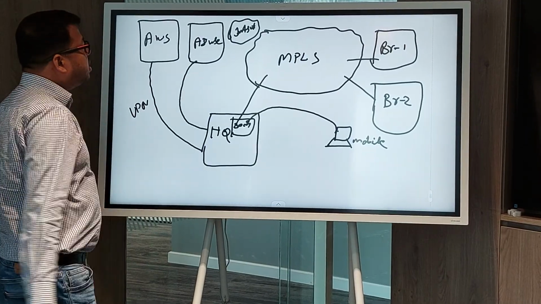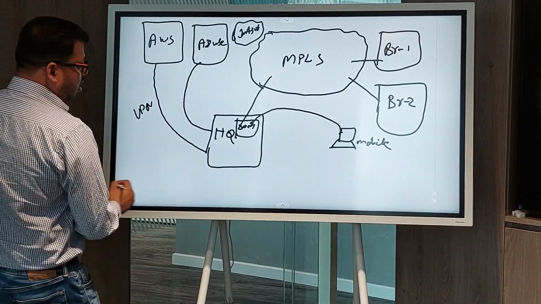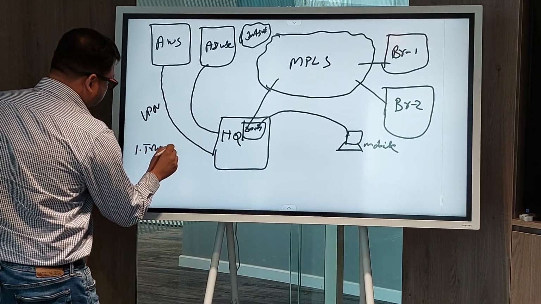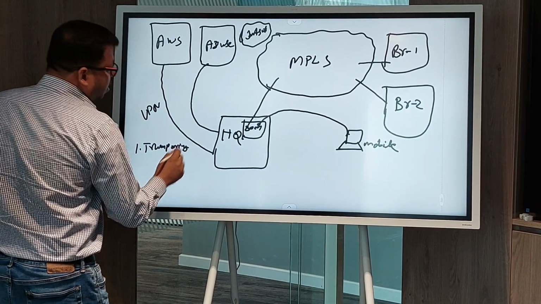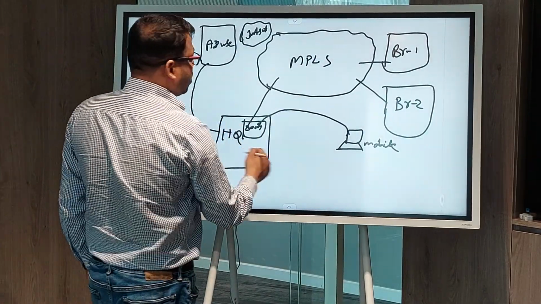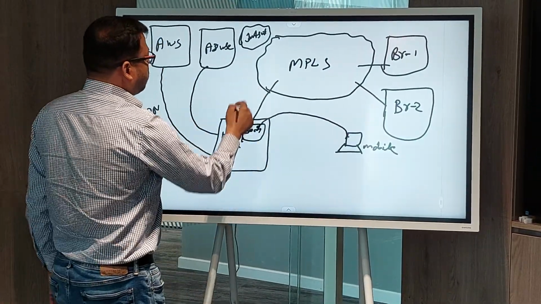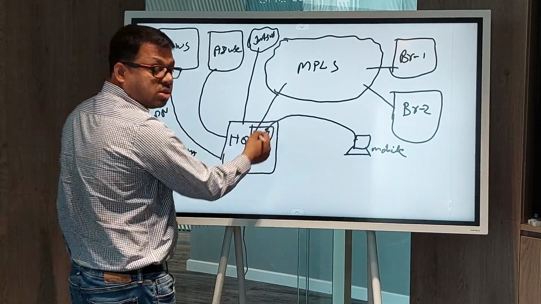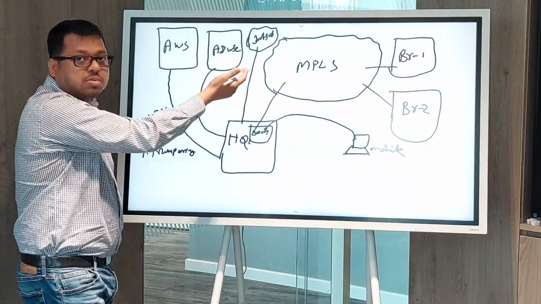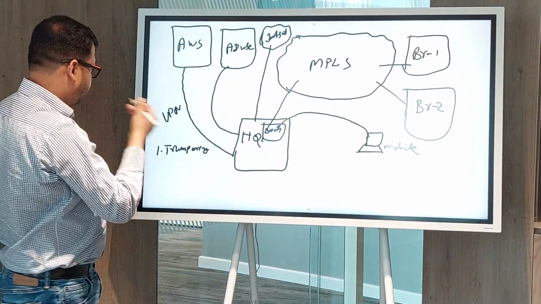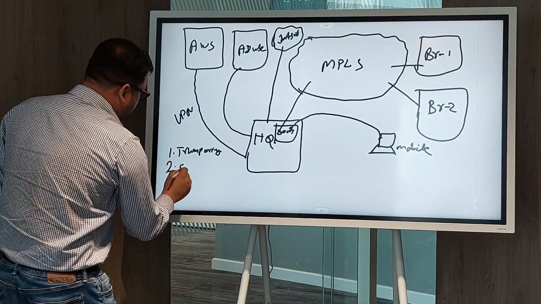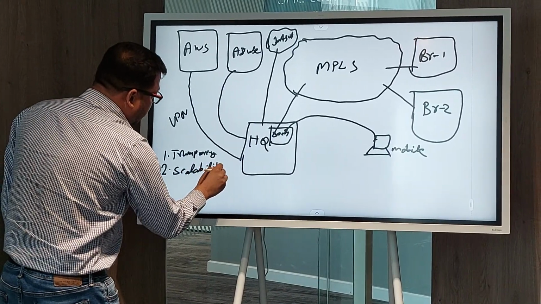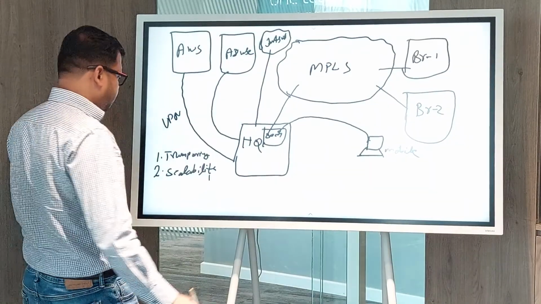And what are the disadvantages of this solution? First one is tromboning. Tromboning means if any of these locations or the mobile user, if we want to access internet, AWS, Azure or anything, first it has to come to HQ. From there the service will be rerouted to other. Second thing is scalability. So here everything is having a dependency with the HQ services.